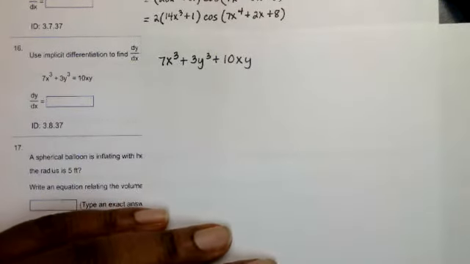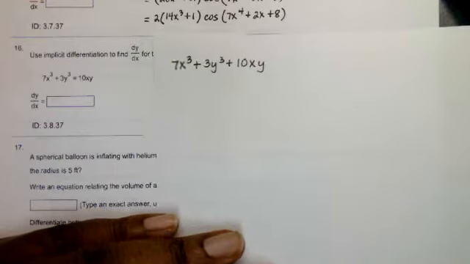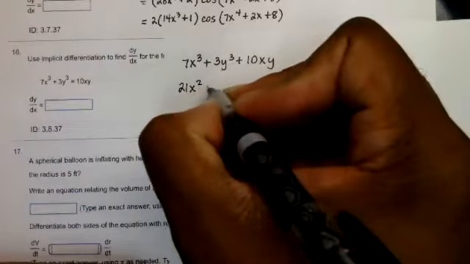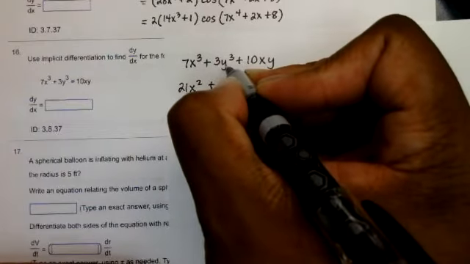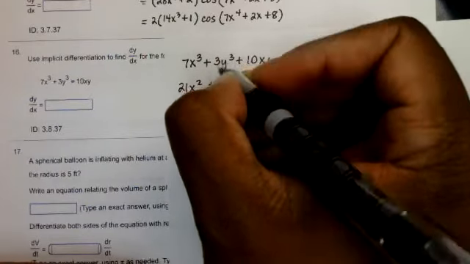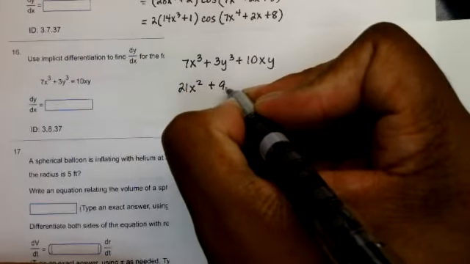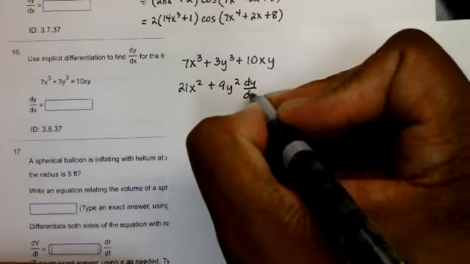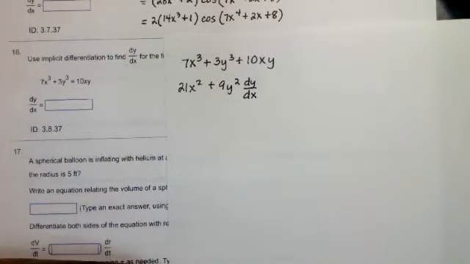If you recall implicit differentiation, anytime you take a derivative of y, you have to include dy dx. All right, so for 7x cubed, its derivative would just be 21x squared. But for the derivative of 3y cubed, we bring the 3 down, multiply by 3 will be 9y squared, but we need to include dy dx.